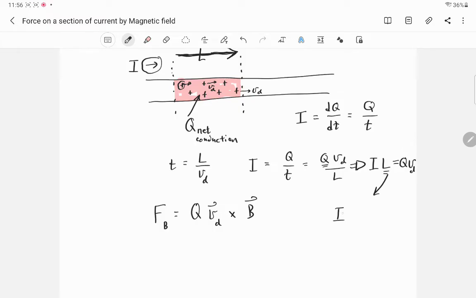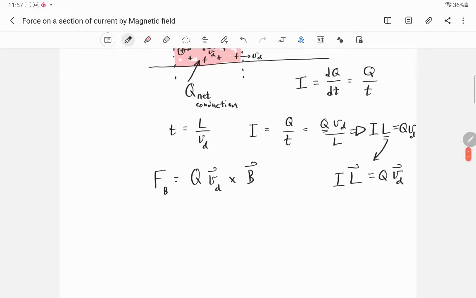So I'm going to say that I times the L vector is equal to Q times the drift velocity vector, because the L vector has the same direction as the drift velocity. The L vector is the length of the wire, but the direction of the current, right? So I'm going to replace IL for Q times V sub D. Oops, I forgot a vector symbol.